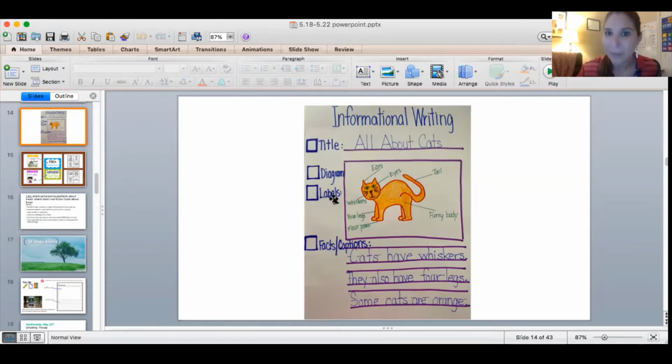We will add labels, which just means we are labeling what the parts of the picture are called. And then we will also add some facts or some captions, some real ideas and some real information to teach our reader about the topic. And today's topic is trees.